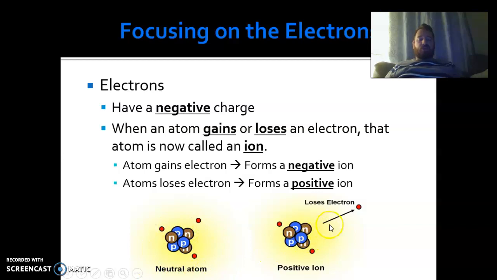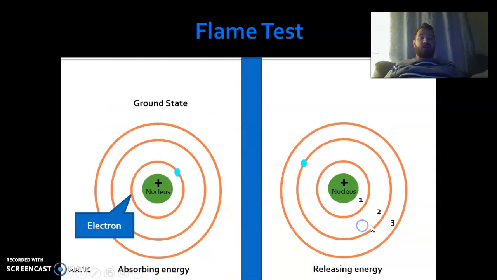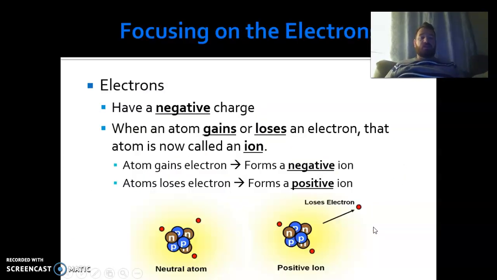But when we lose an electron, we now have 3 protons, giving us a positive 3 charge, and 2 electrons, giving us a negative 2 charge, for a total charge of positive 1. So determining the charge of an ion is simply a matter of comparing the amount of electrons we have to the amount of protons we have.